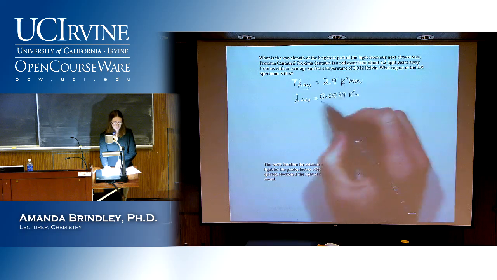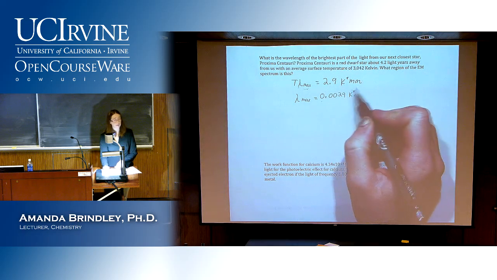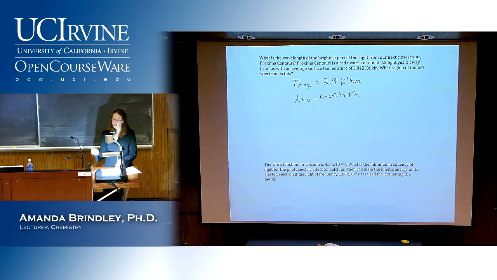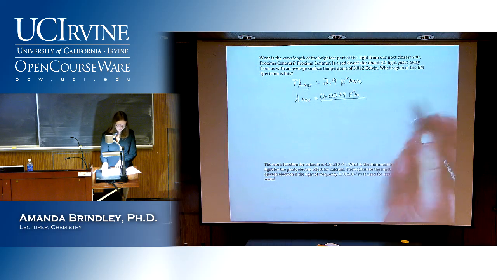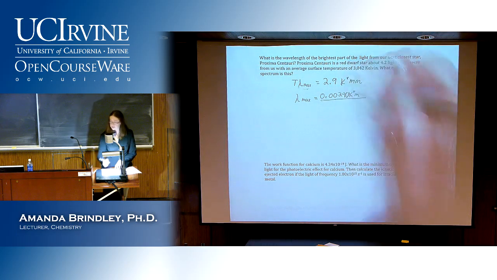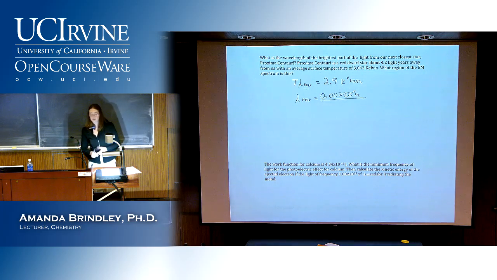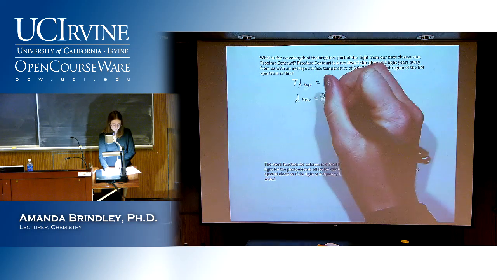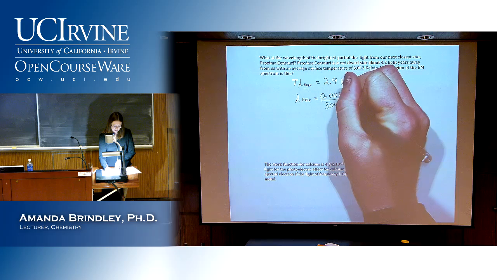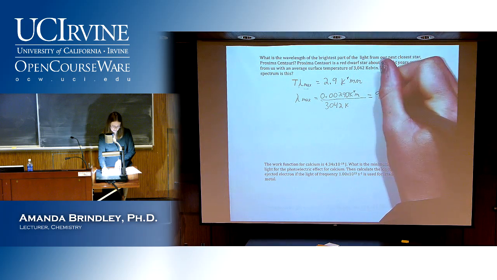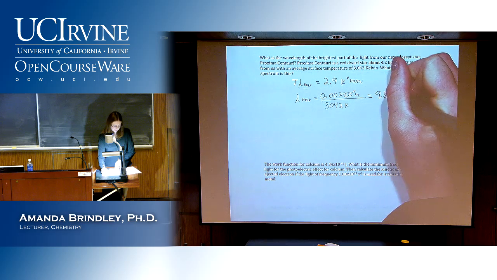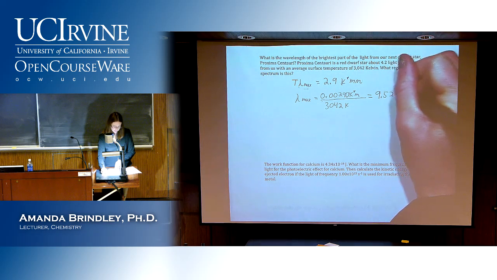You could do it two different ways: fill in the values and then convert the wavelength from millimeters, or convert the constant to meters. Either way is fine. And for the sake of significant figures, there's also a 0 there. Kelvin we fill in as is. And we get this value.